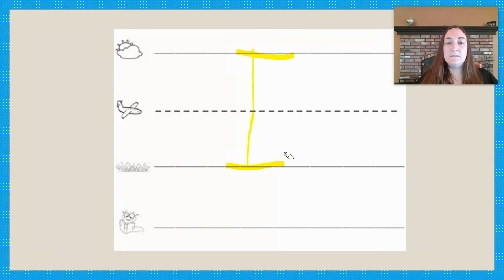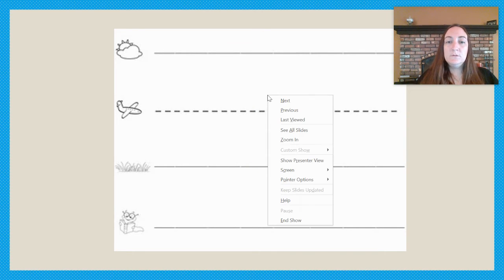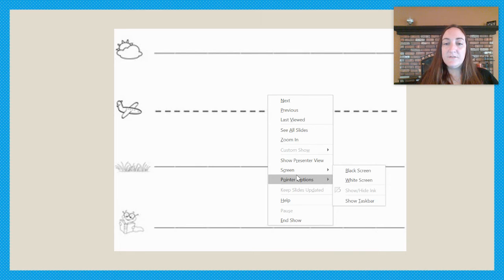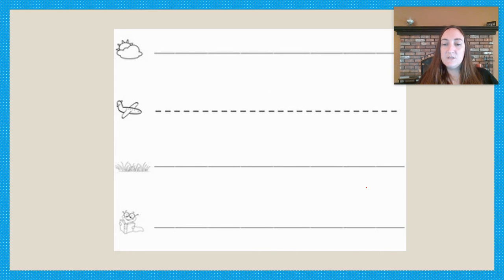Now let's erase it. See my little eraser? Boop, boop, boop. Maybe let's try a different color. We can do a pen. Here we go. Starting at the skyline. I'm trying to do this on my computer, so it's a little tricky. We go down to the grass line. Ooh, pretty good. Then we're going to cross it on the skyline, and we're going to cross it on the grass line.